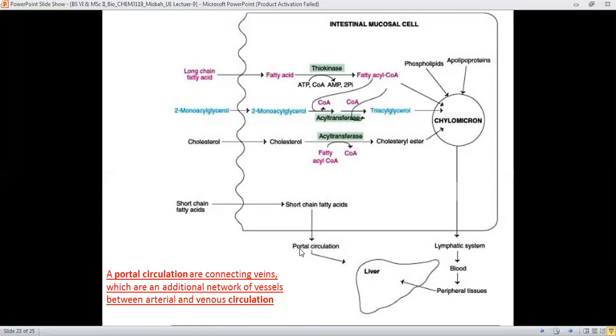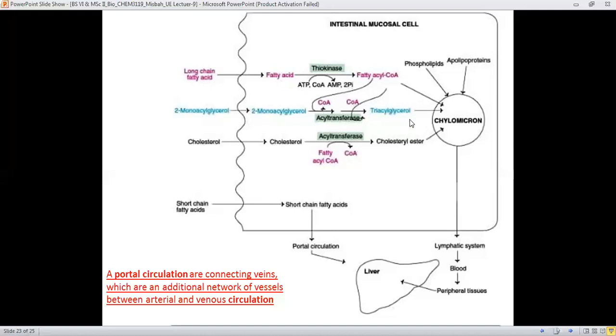And in fact, they are part of the main blood circulation system as well. And this portal circulation gives these absorbed short chain fatty acids to the liver. And from here, the long chain fatty acids are liberated. Thiokinase enzyme gives again the fatty acyl CoA, and through fatty acyl CoA, acyl transferase again makes them triacylglycerol.